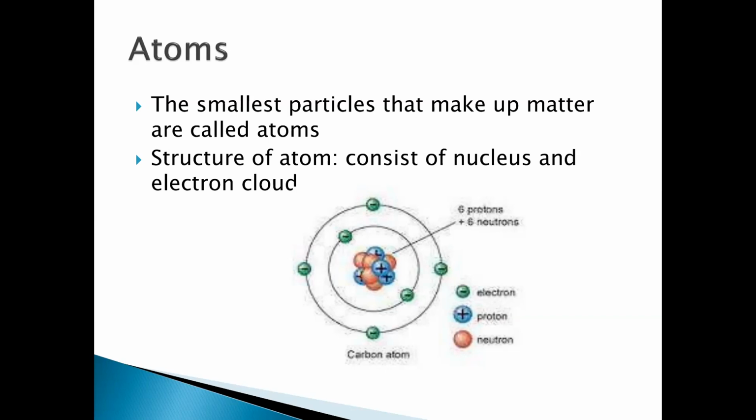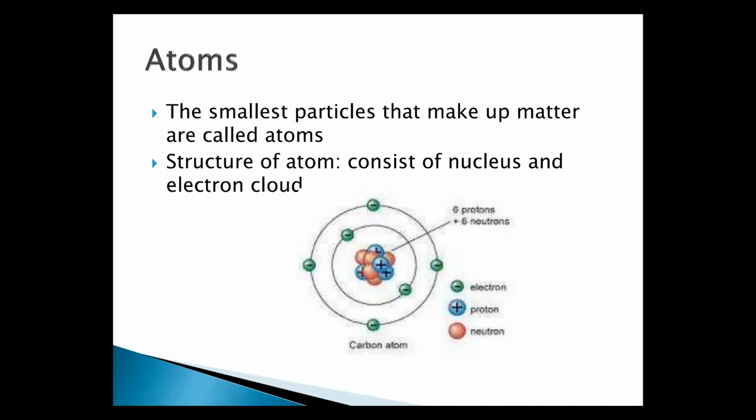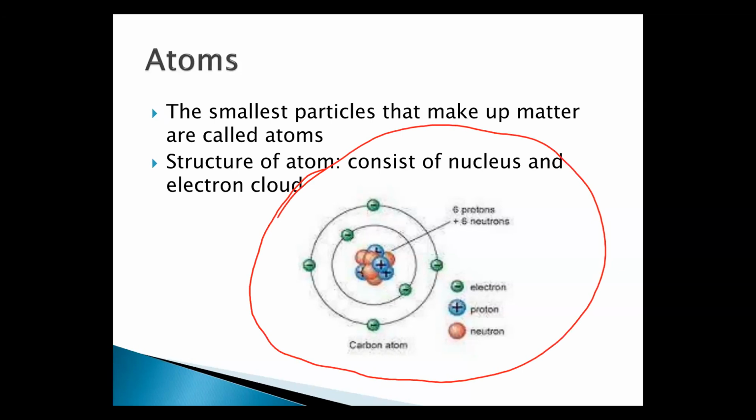let me try and find my annotator here. Let's start. Yeah, there we go. So this whole circle right here, that's the representation of an atom, right? And then inside is what is called the nucleus. This part right here inside is called the nucleus, right? And then inside the nucleus, what do you find?